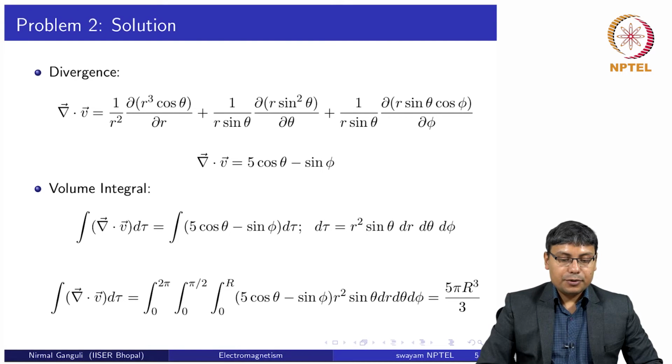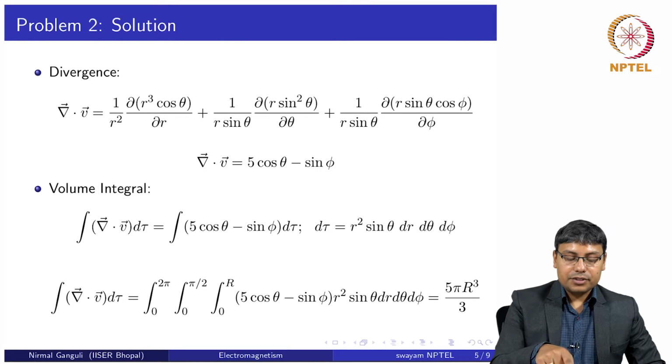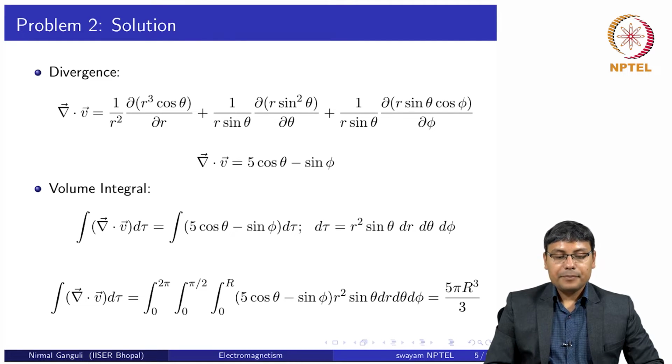So, if we put the appropriate ranges, the integral over r is from 0 to capital R, the integral over theta is from 0 to pi by 2, the integral over phi is from 0 to 2 pi, the integrand is 5 cosine theta minus sin phi multiplied by the volume element r squared sin theta dr d theta d phi. If you perform this integral, please perform this integral yourself, you will find 5 pi capital R cubed over 3.